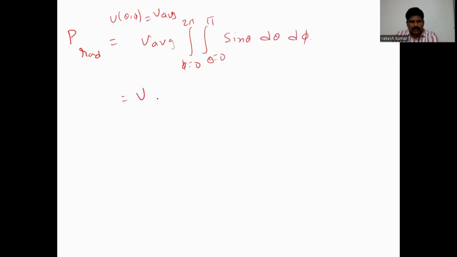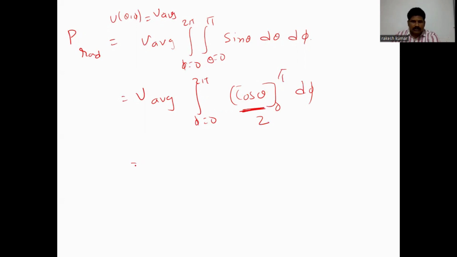First do the integration for phi from 0 to 2 pi. For sine theta, the integral is minus cos theta. You apply the limits 0 to pi, so this value comes to 2.